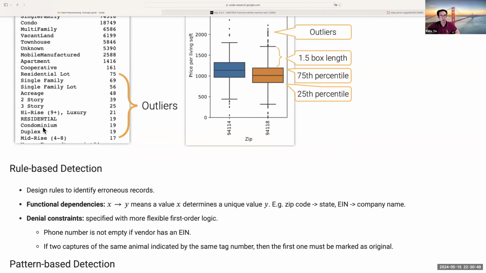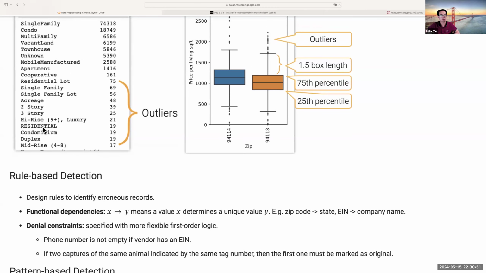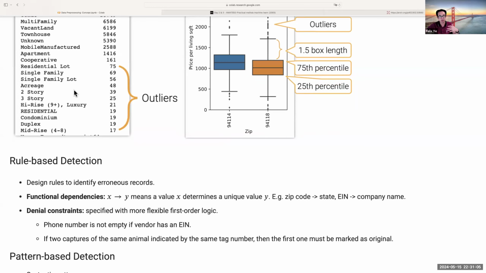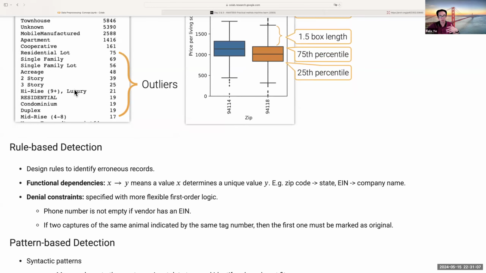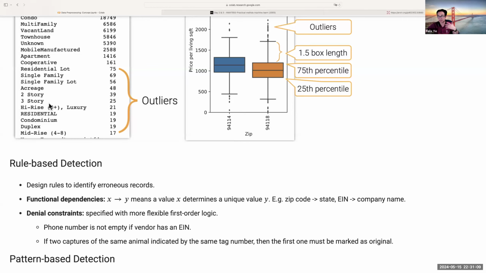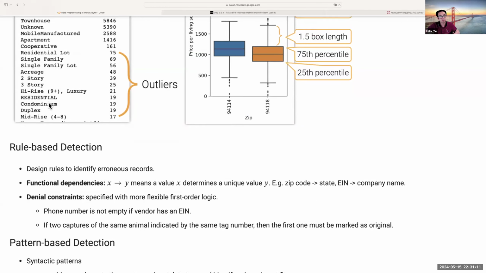For the other ones, maybe this condominium right here should be mapped into condo here. So these two things just give you some idea. If you see something that doesn't fall into these patterns, you can map it into what you think is reasonable.